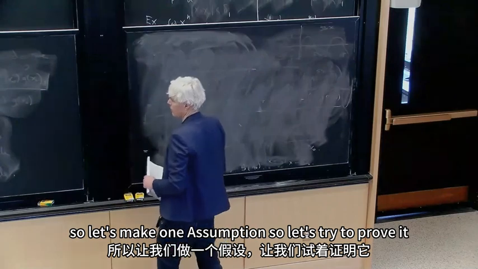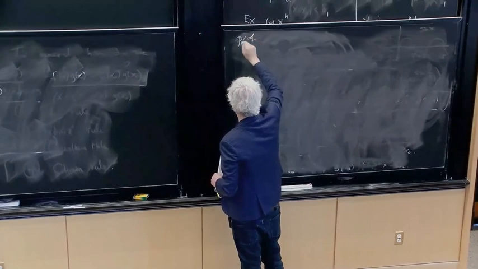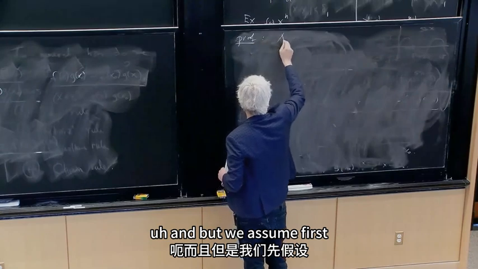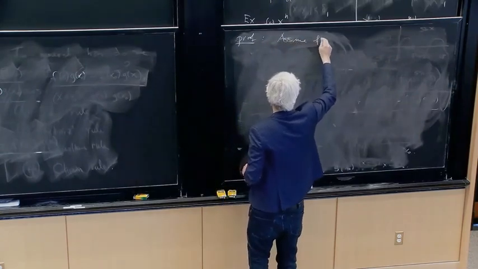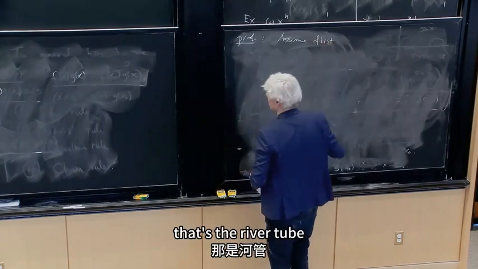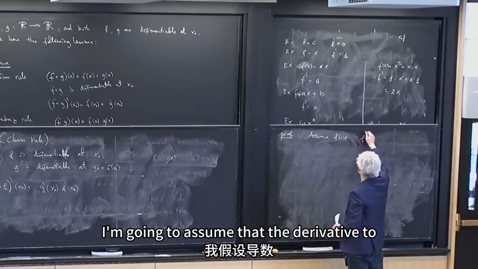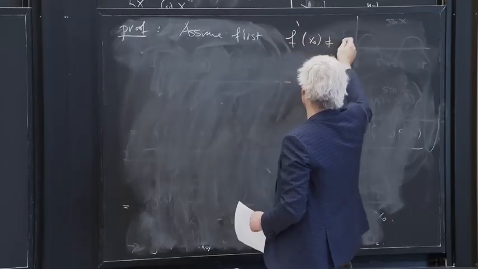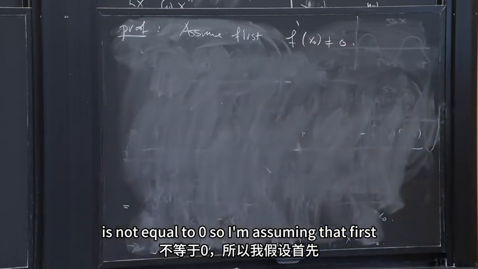So let's make one assumption. But we assume first that the derivative, I'm going to assume that the derivative of f at x0 is not equal to 0. So I'm assuming that first.